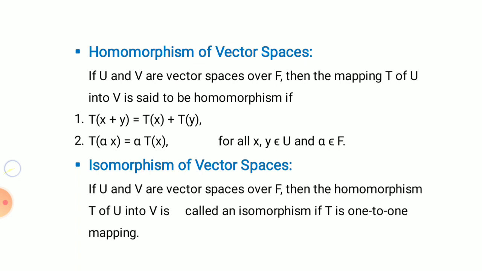Is it clear? You have to remember that for objective, a homomorphism is called an isomorphism if it is one-to-one mapping. Okay, is it clear?